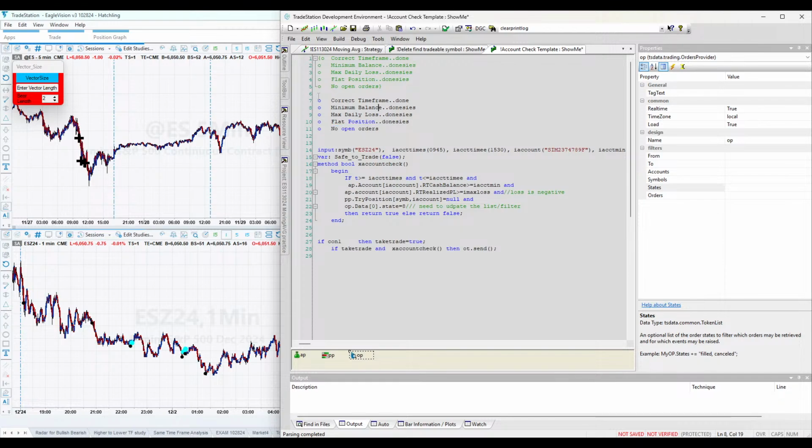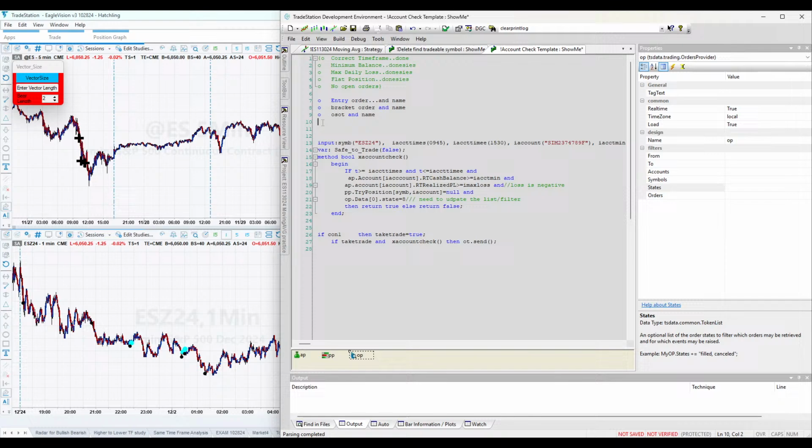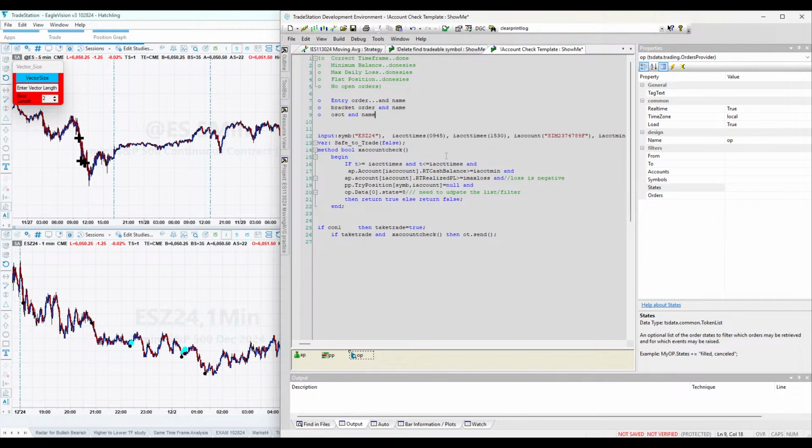Okay, so I need an entry order, name, bracket order, and name. The order sends order to join them together. All right, and that's pretty much it.